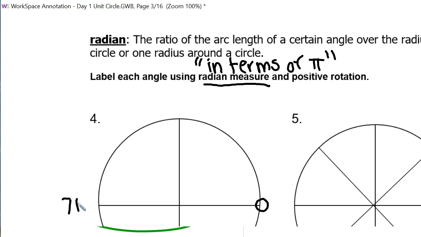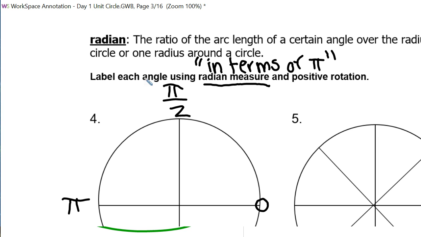So 180 degrees is now equal to pi. Now up here, this would be half of pi, and the way that we represent that would be pi over 2. So half of pi, we call it pi over 2. Instead of 1/2 times pi, we just use the notation pi over 2.